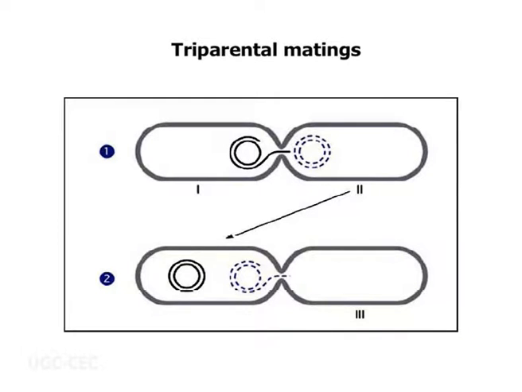So triparental mating is a convenient way to transfer a mobilizable plasmid, taking help of a self-transmissible plasmid which also belongs to the same incompatibility group.